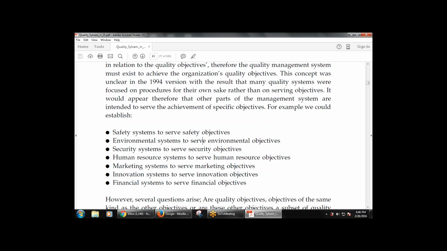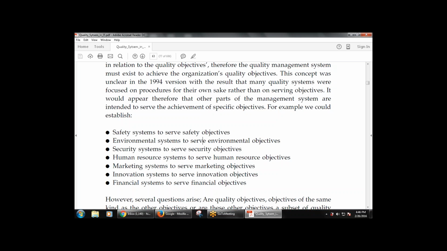The same example that we have discussed about the organization. There are multiple parts of the organization. One is the security system, then there is a safety system, then a human resource system, then marketing, innovation, and financial. So these are the various systems that we have discussed right now.